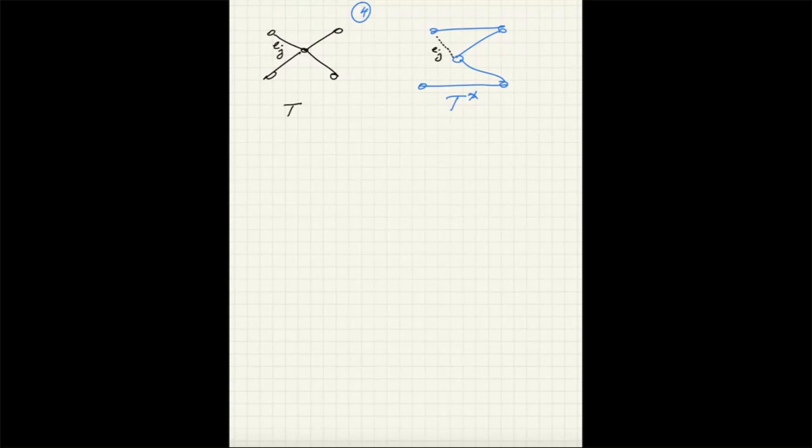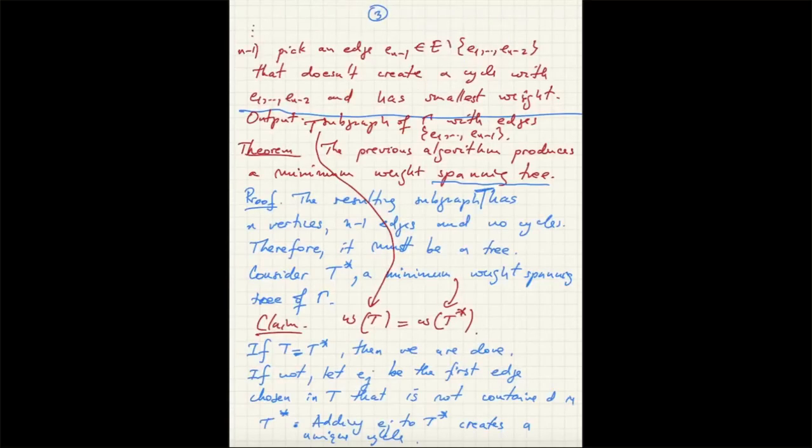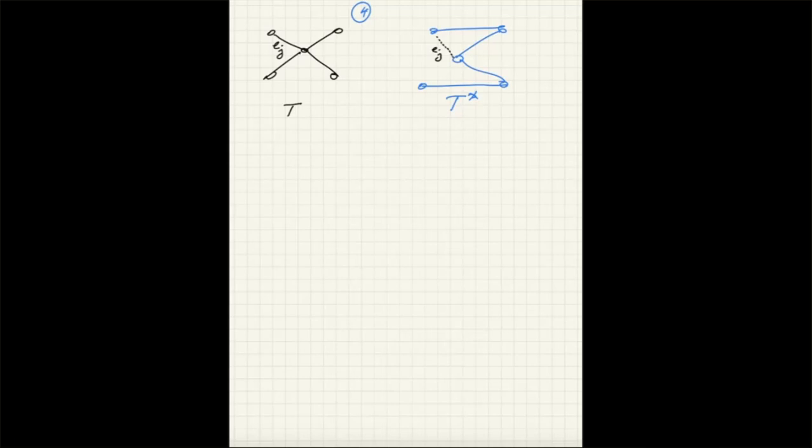Now, we have this cycle that I mentioned. It creates a unique cycle in T star union EJ, and this is the unique cycle here, C. This cycle C has EJ.